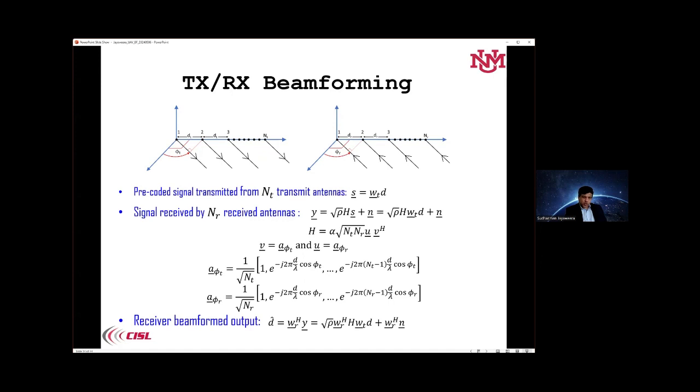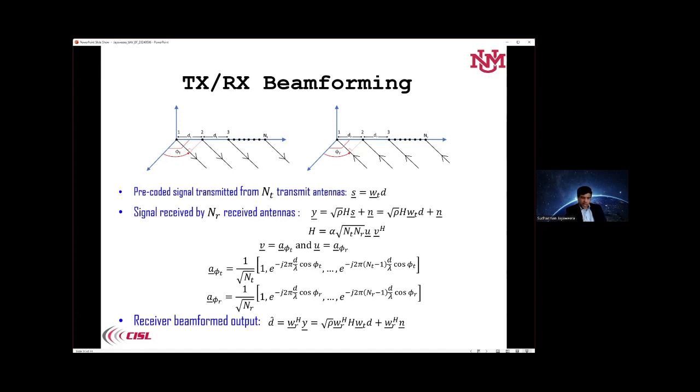And the H here is given by the antenna steering vectors at the transmitter and receiver, where V is the transmit steering vector and U is the receive array steering vector. The output of the receiver beamformer you can then write as D hat, which is given by the receive beamforming vector W_R Hermitian times Y, which you can write in expanded form like that.